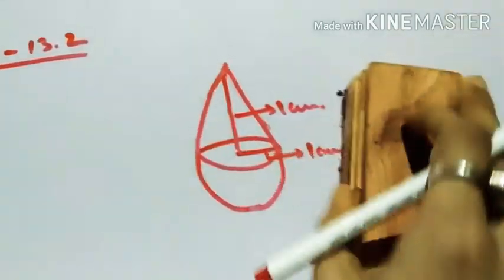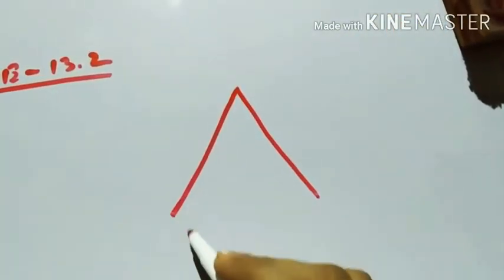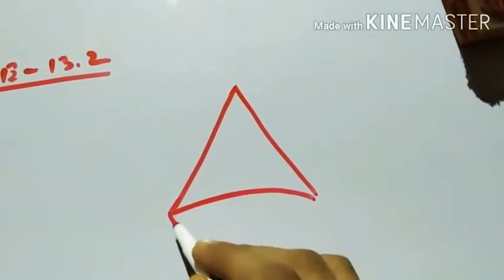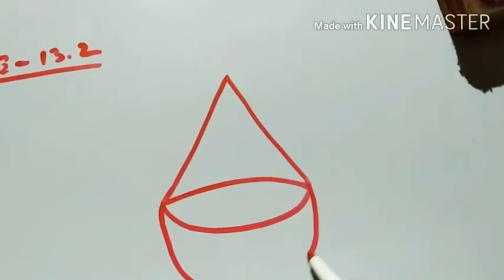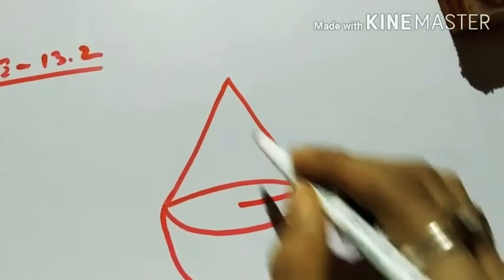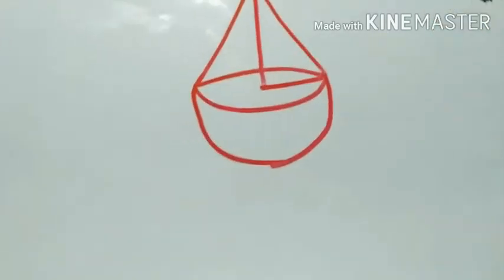Okay, this one let's draw it nicely. First of all, there is a cone. It is 1 centimeter. Height is also 1 centimeter.